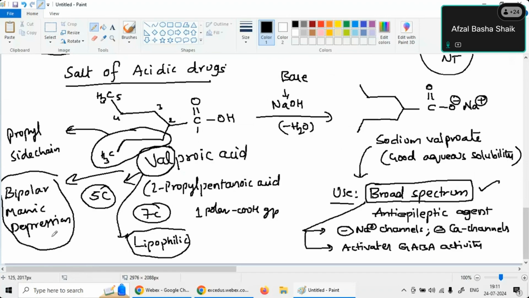So valproic acid is also used to treat bipolar manic depression. So these are the advantages of valproic acid. It is used as an anti-epileptic agent, and it is also used as a drug for the treatment of bipolar disorder. Why are we calling it bipolar?